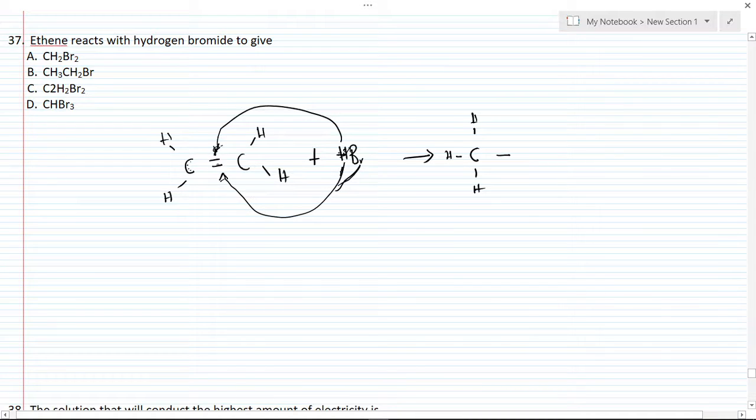So this carbon and the two hydrogens, we have hydrogen, then the bromine. If we were to simplify this, CH3CH2Br. So the compound that matches what we just did is option B, and that's the correct option.